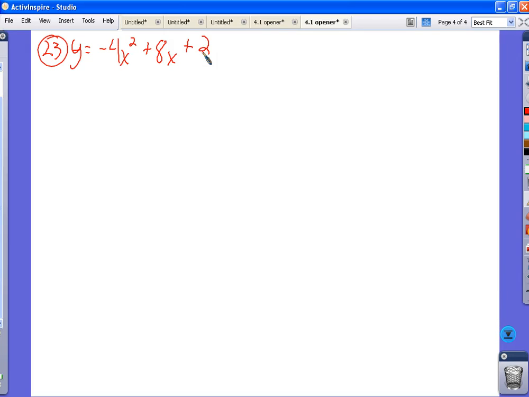Label the vertex. 4.1, number 23. Negative b over 2a. Number 23. Start by writing the number 23, and by looking in your book for the number that matches that number and writing the problem that's next to that.